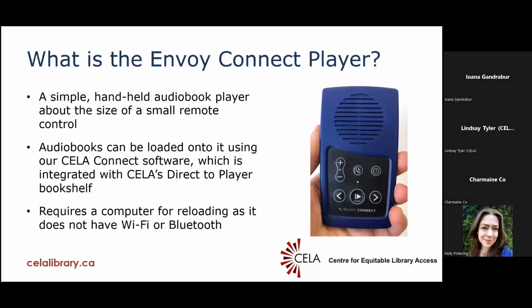It's about the size of a small remote control, small enough to fit in the palm of one hand. In fact, what I like to do when I listen to audiobooks is hold it in one hand and control it that way. You can control it using just one hand because it's very small.